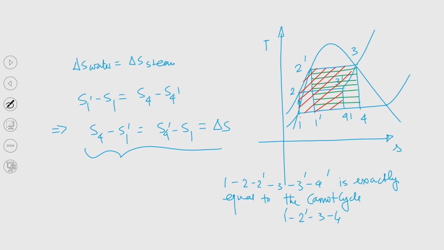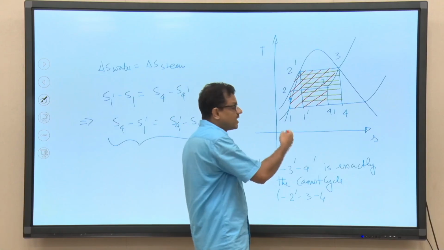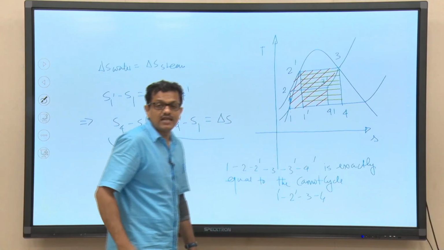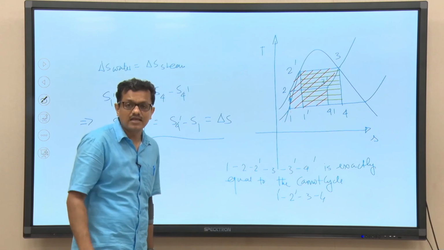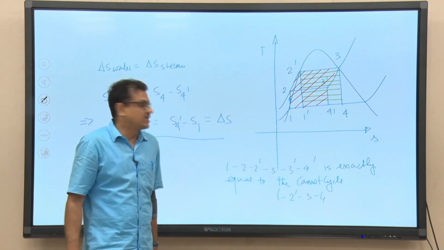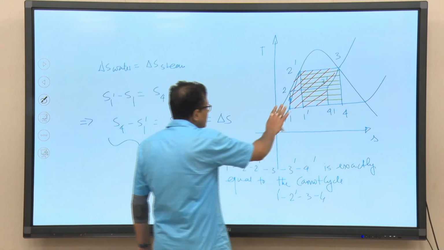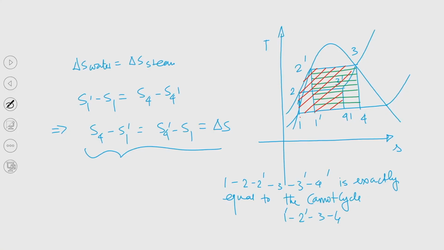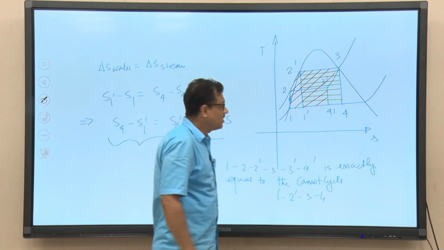It indicates that the efficiency of the ideal regenerative cycle is equal to the ideal Carnot cycle. Try to understand why we are doing this exercise: essentially to establish that by using this regenerative principle we can increase the efficiency of the cycle closer to the ideal Carnot cycle. Just by looking at this TS plane we can see.